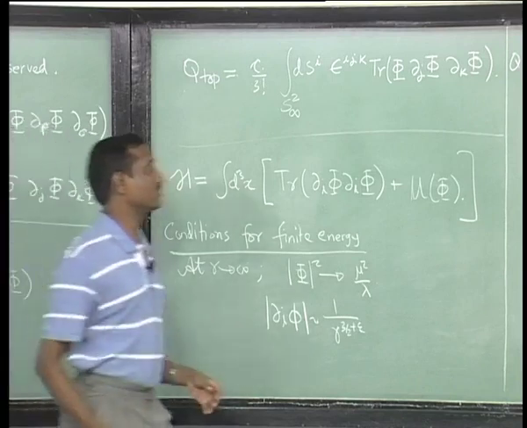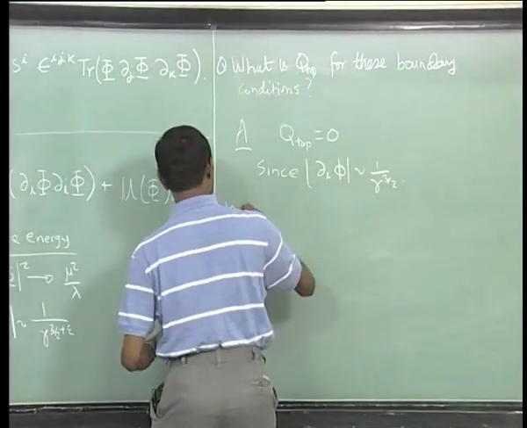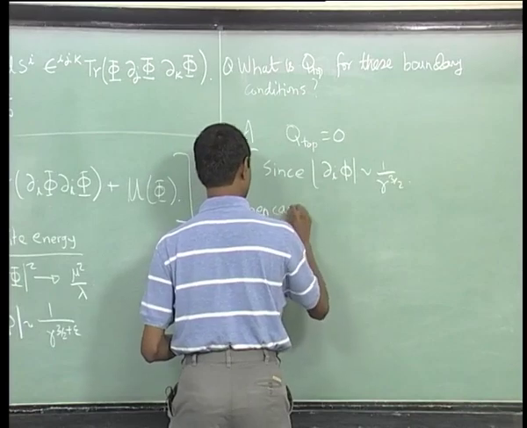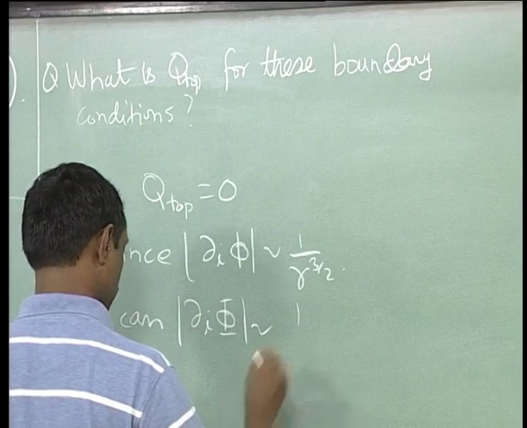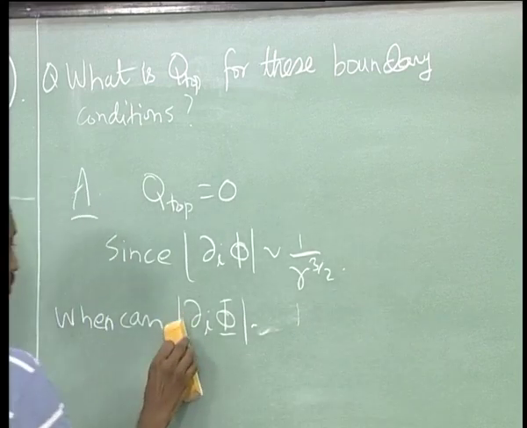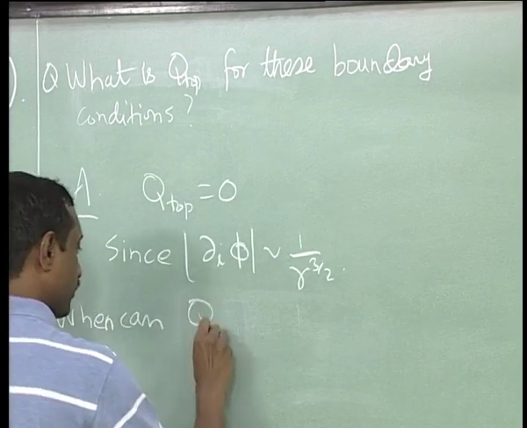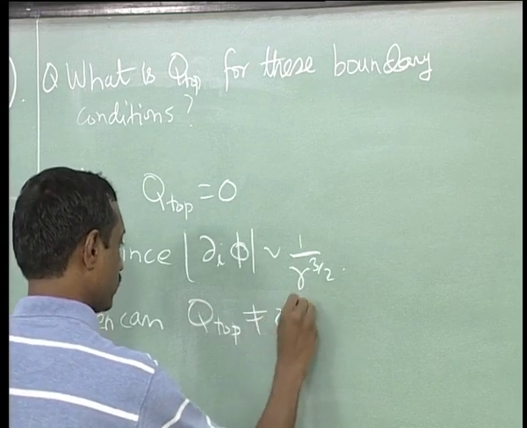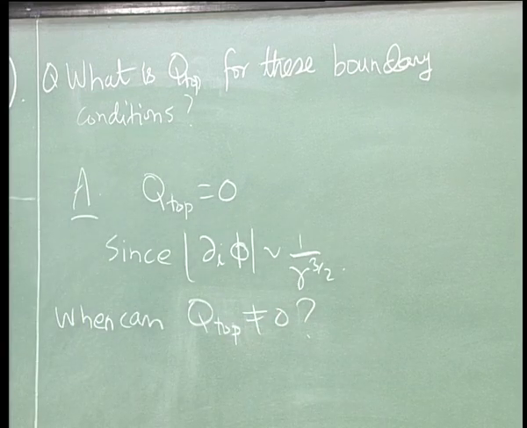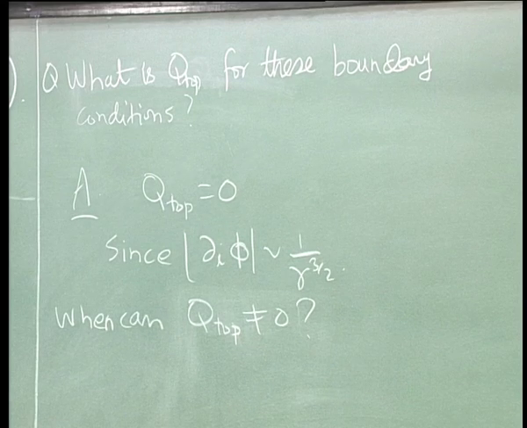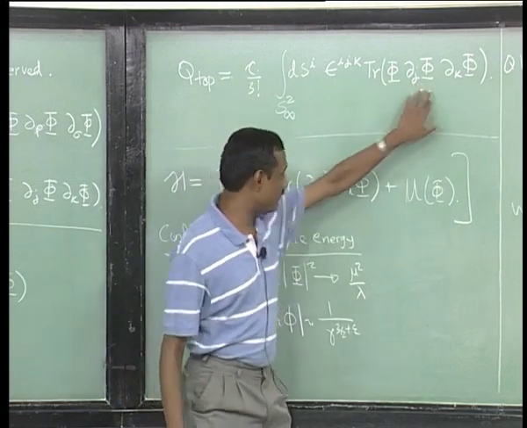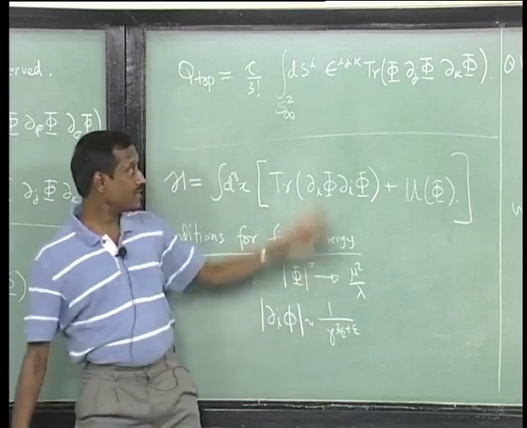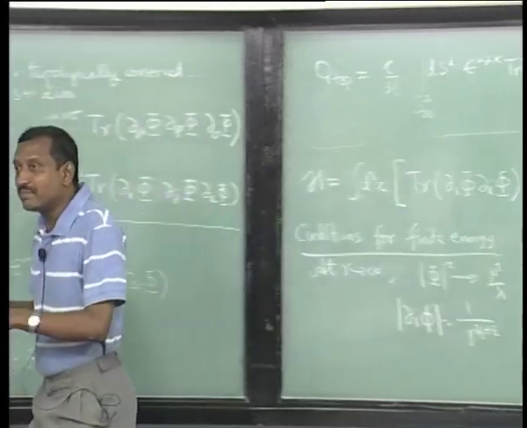But let us ask, when can the topological charge Q be not equal to 0? Okay, so just like we did for finite energy, we can ask what happens. So you can see here that, let us say, phi goes to a constant, but if di of phi goes like 1 by r, then the r square can cancel and there is not even a plus epsilon or anything.